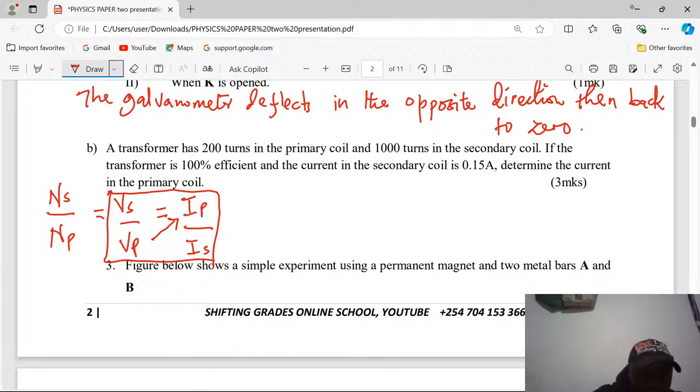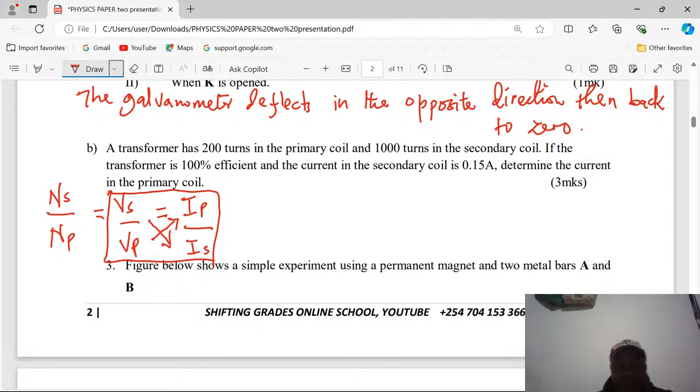When you cross multiply the other side, voltage secondary and current secondary, that is power output. So they will be equal for an ideal transformer. And so we need to know that these are the transformer equations.